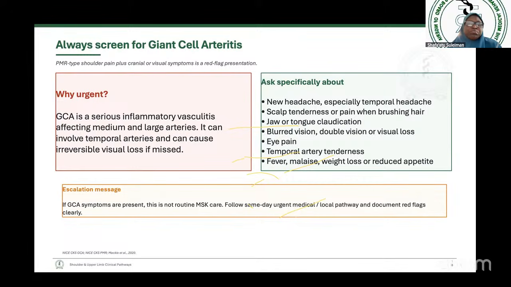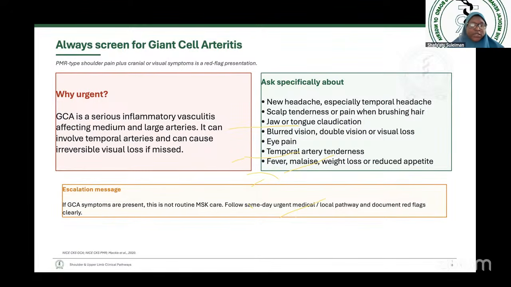Do they have any pain around the jaw, jaw claudication or tongue claudication, any blurred vision, double vision or visual loss, anything at all to do with visual impairment, any eye pain and temporal artery tenderness, and fever, malaise, weight loss, or reduced appetite. This is very important so we don't miss giant cell arthritis, and so the patient is not at risk of losing visual function.